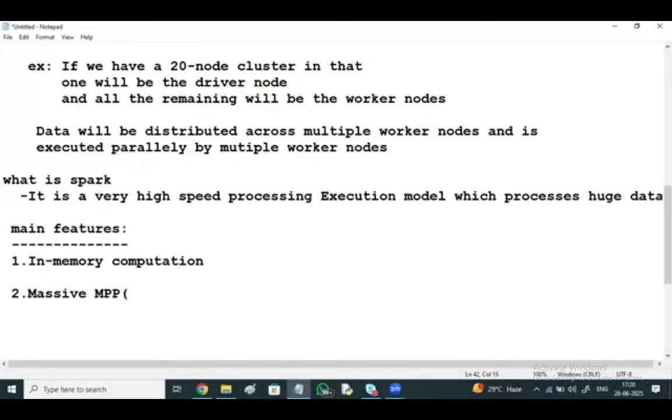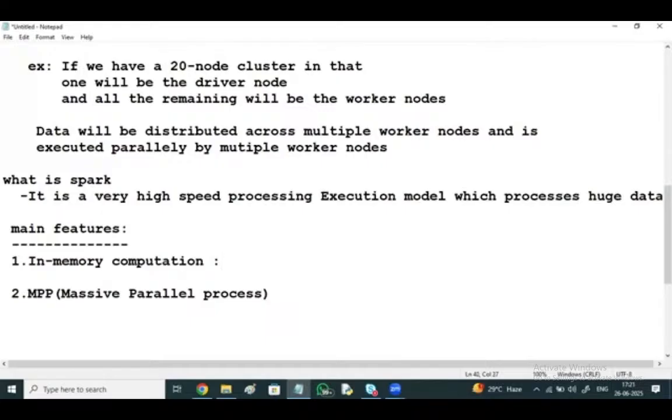MPP is nothing but massive parallel process.